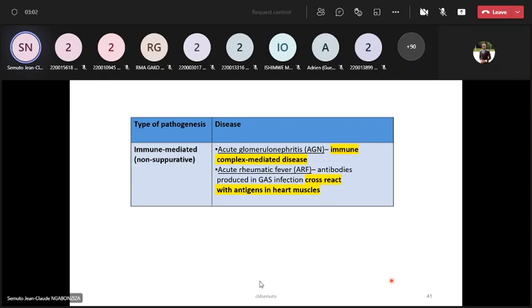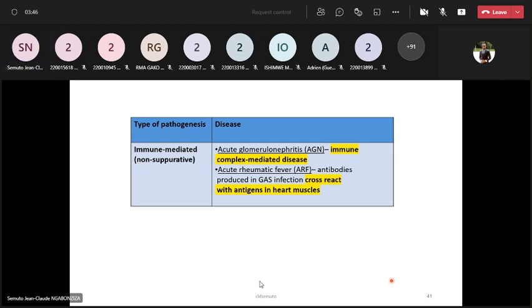One condition is acute glomerulonephritis, which is due to immune complex mediated disease. So the immune complexes accumulate in the kidney membrane, impede filtration and cause inflammation over there, and that is acute glomerulonephritis.